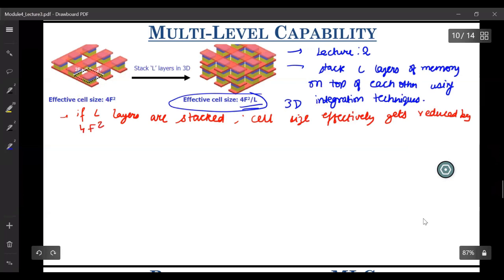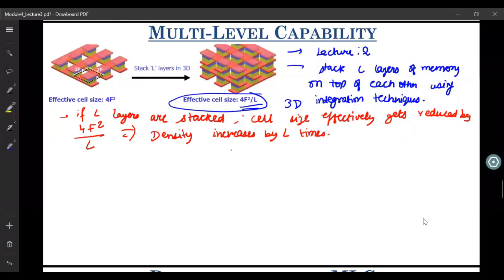If one of the cells was occupying 4f square area, it gets reduced by L times. So now it becomes 4f square by L. What that implies is that your memory density increases by L times.